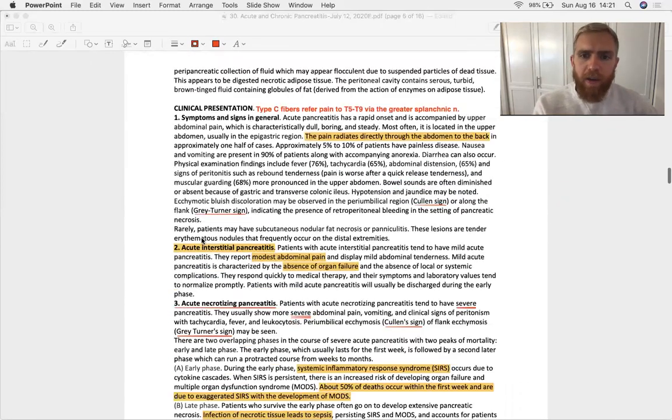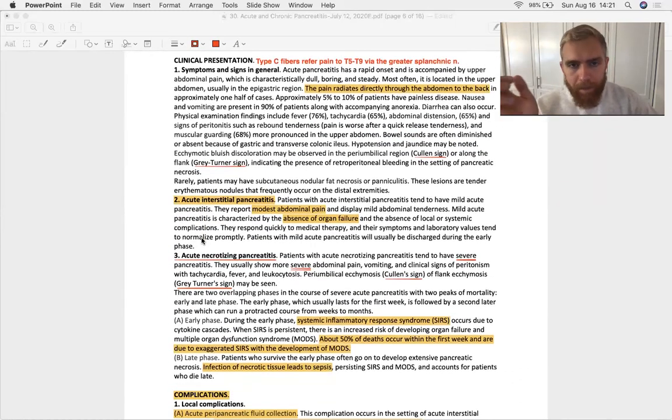How does pancreatitis present clinically? Well, pain, capital P pain. And it's going to be referred to the back because your pancreas is a retroperitoneal organ. It's referred because it's carried by visceral nerves that go to your celiac ganglion and then up your greater splanchnic nerve to vertebral levels T5 through T9.